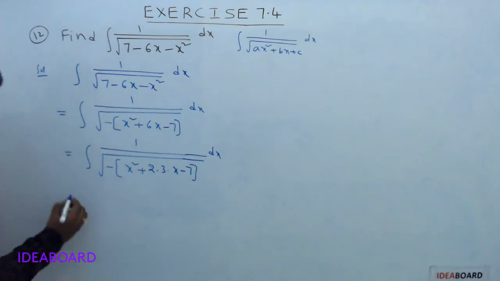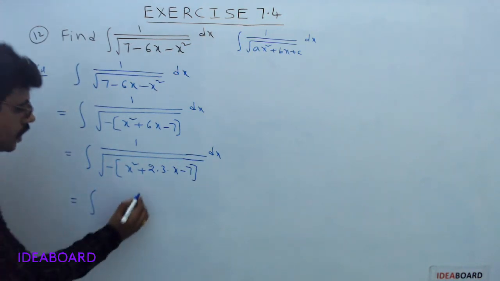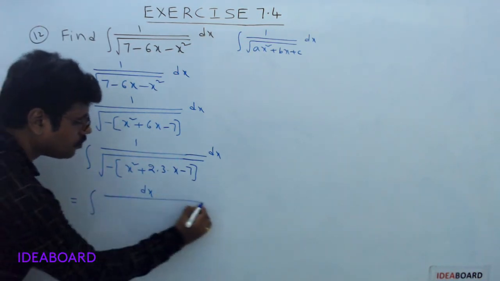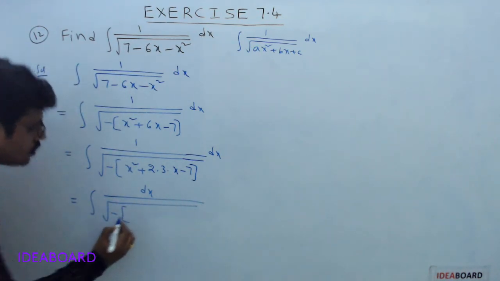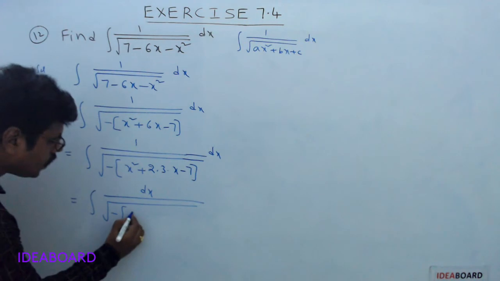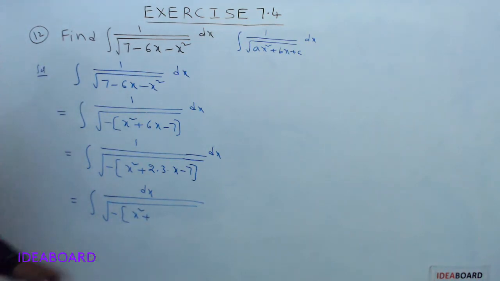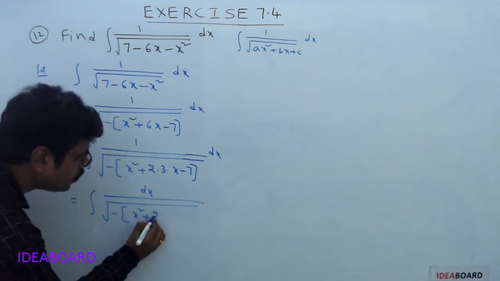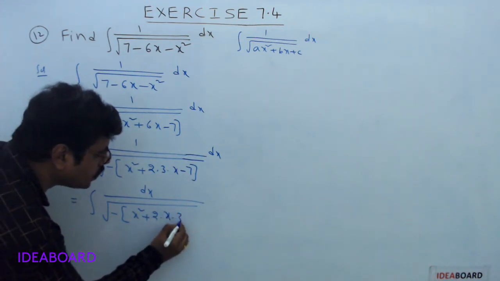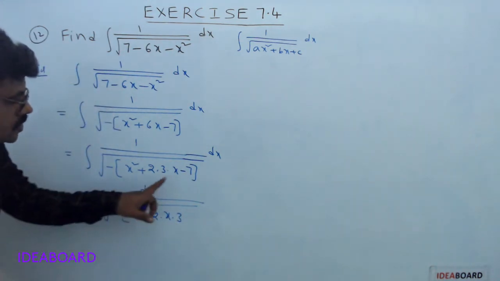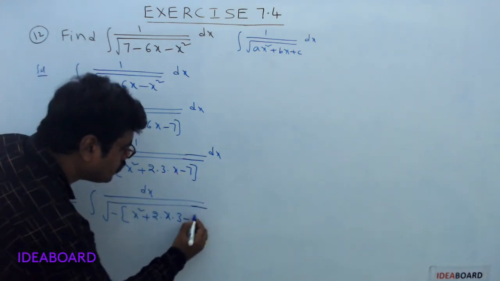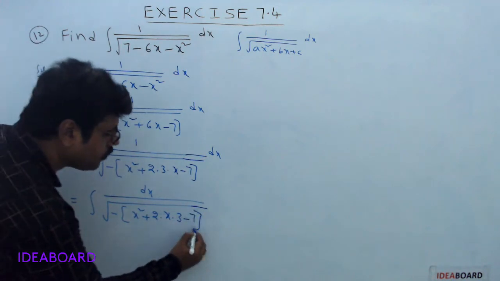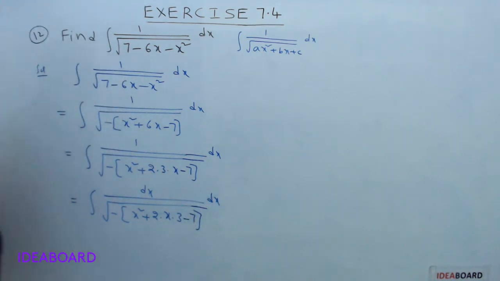Now this is equal to integral dx divided by square root of minus x square plus, here 2 into 3 into x can also be taken as 2 into x into 3. Just I am interchanging x and 3, minus 7 dx.